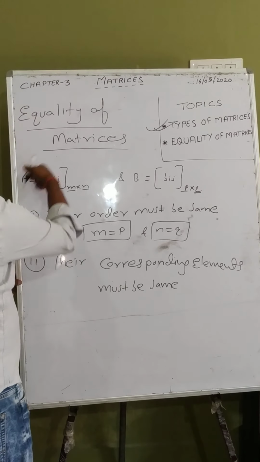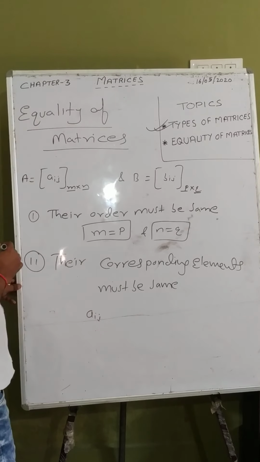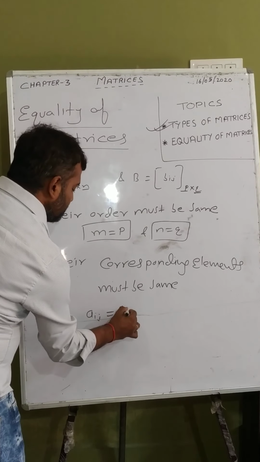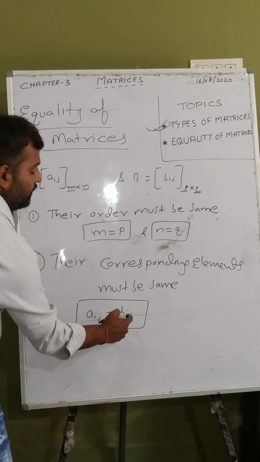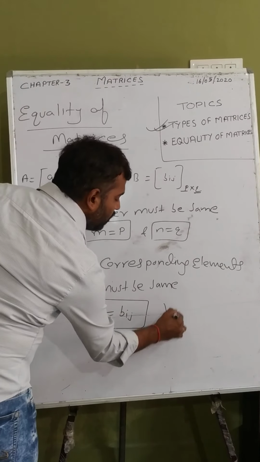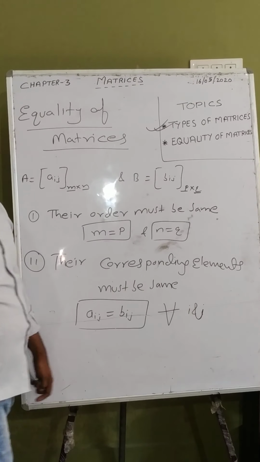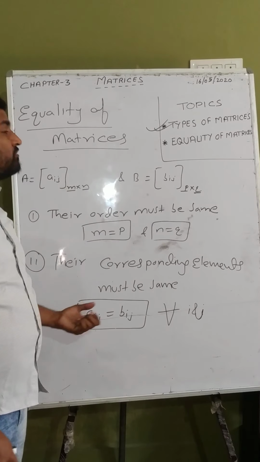The elements of the first matrix are aij, and the elements of the second matrix are bij. Then aij and bij must be same for all i and j. It means every corresponding element must be same.